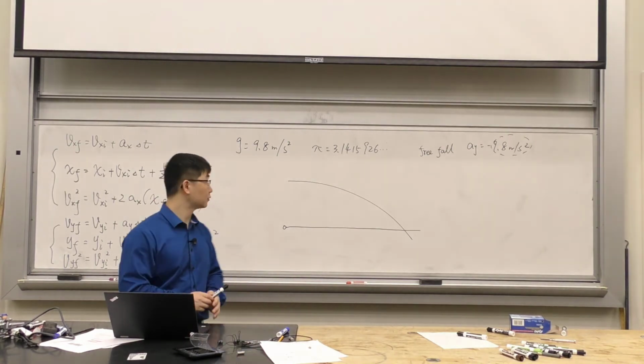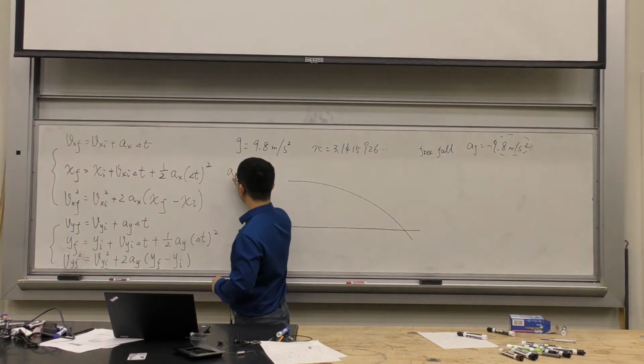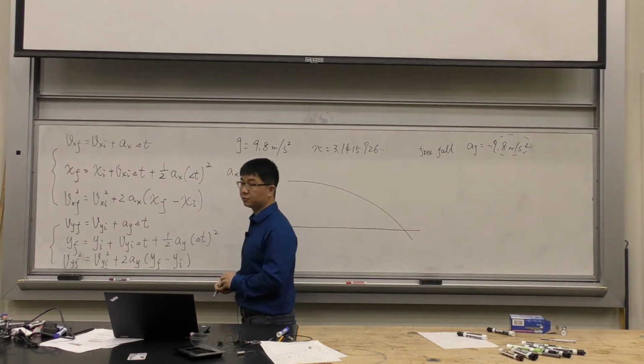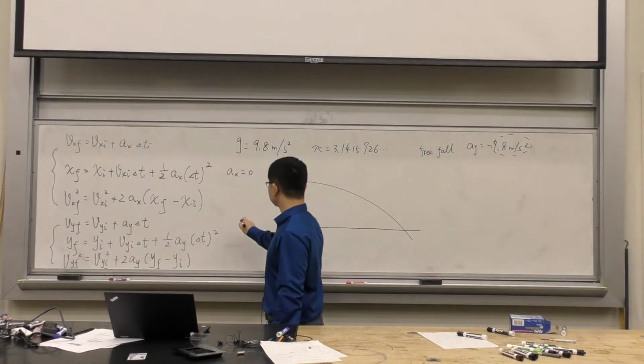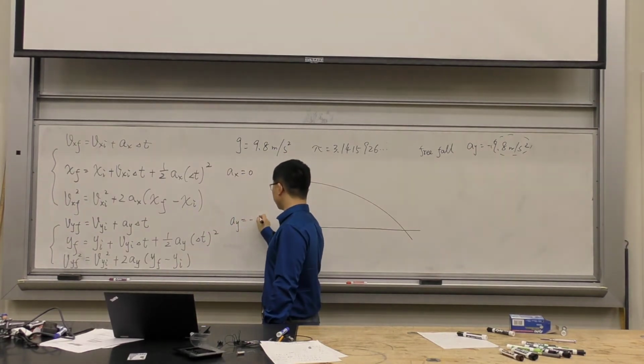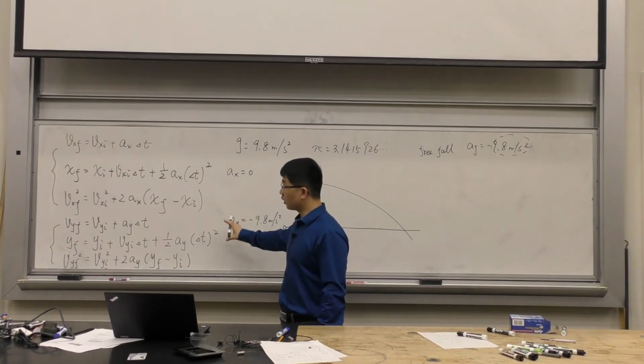In x direction, the acceleration is going to be 0 because there's nothing on it, it's just moving on its own. In y direction, acceleration is negative 9.8, or if you want to use the symbol, negative g. And these two motions, we already know how to work with them.